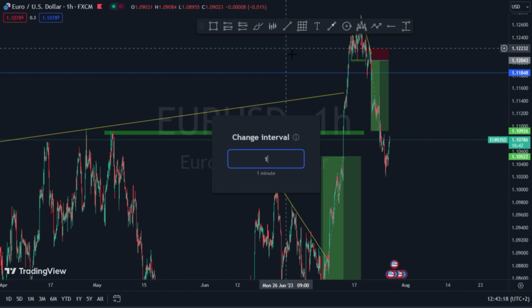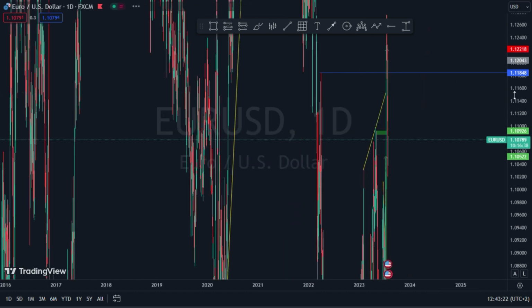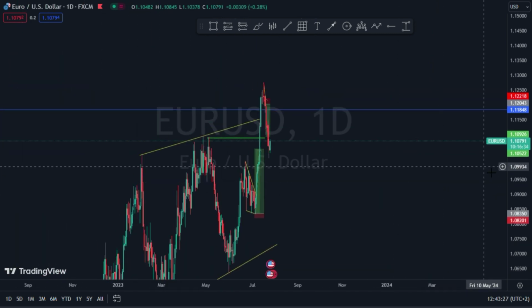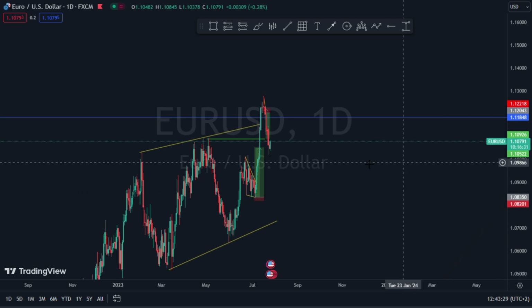If we can just go back onto the daily time frame and look at how the market has been pushing to the downside. The market has been pushing to the downside impulsively without any signs of patterns.